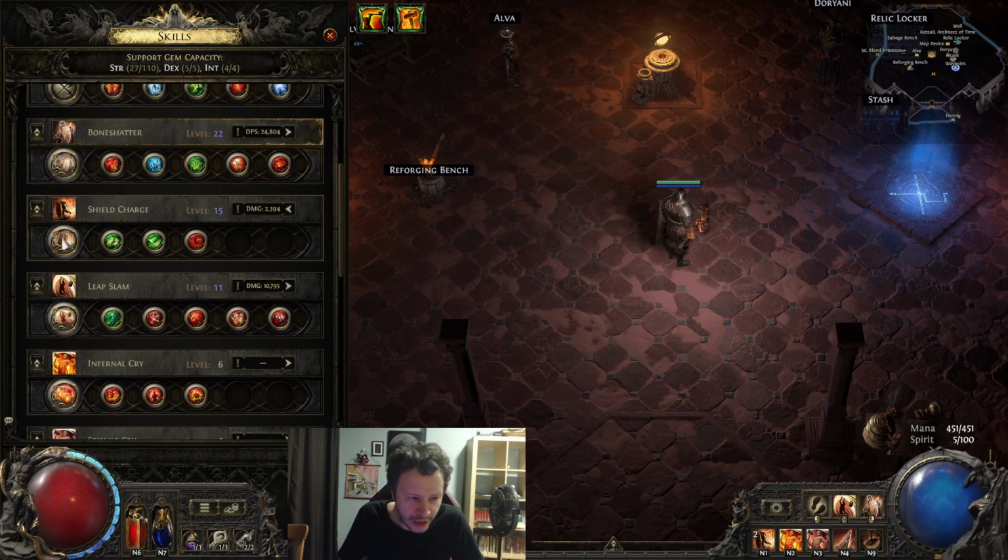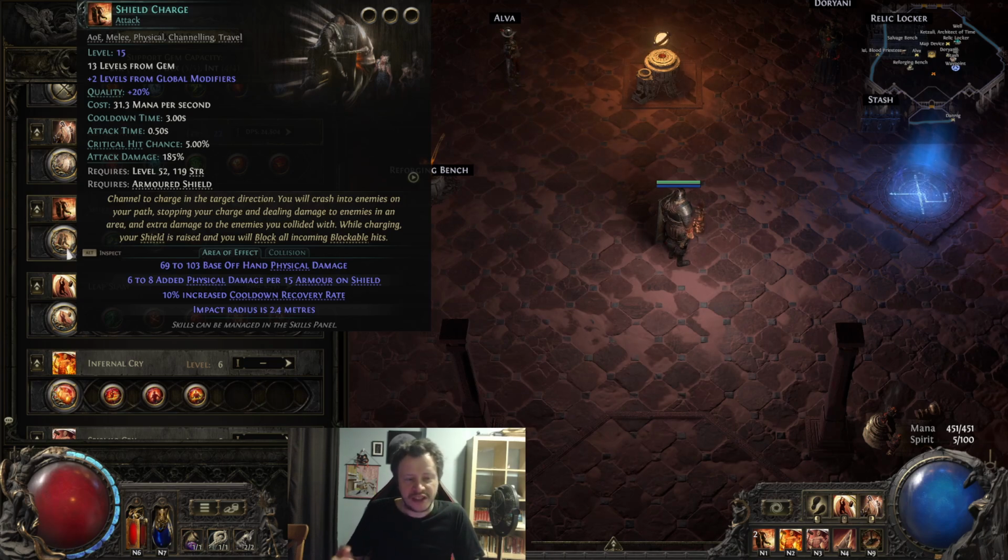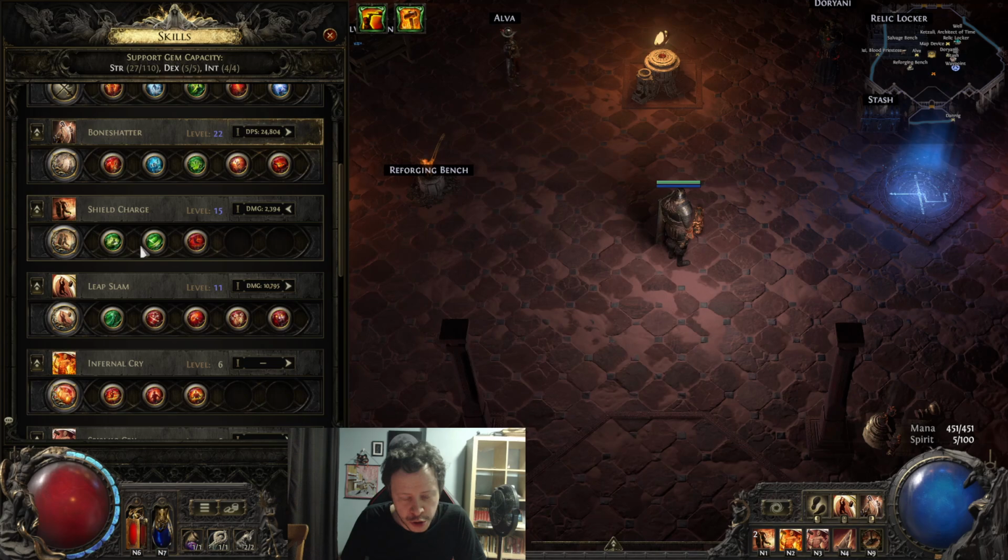additional cooldown recovery? So for example, guys, let's go over shield charge again. Shield charge's cooldown is 3 seconds, right? And temporalis gets applied first, right? So the 3 second cooldown will be reduced by 2 seconds, then we will have a 1 second cooldown. Then it will be shortened by 50%.